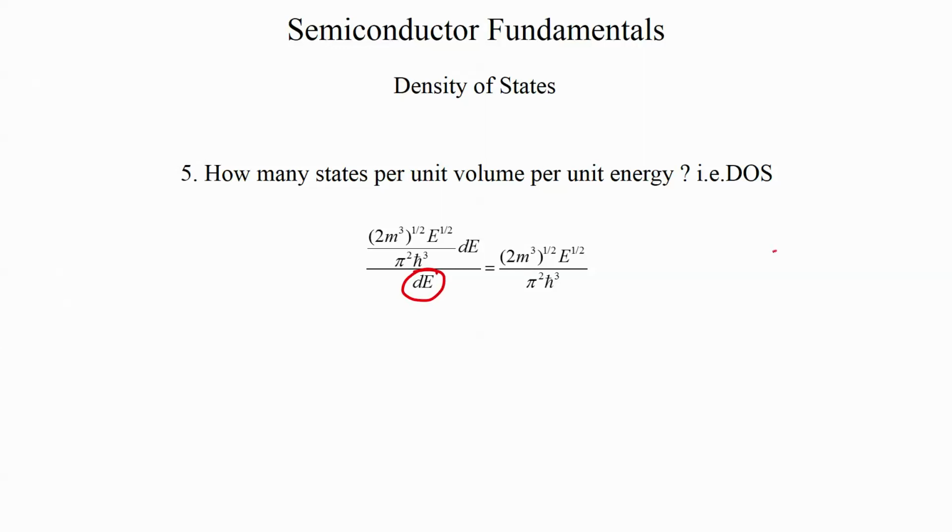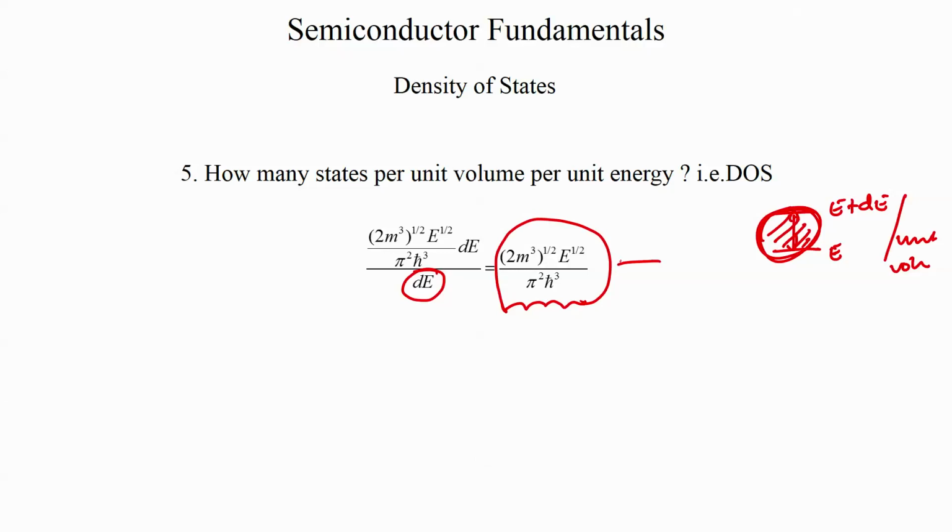So you are looking at all the states between E and E plus dE per unit volume, and you divide it by dE, which is the length of the energy region you are looking at, and you end up with the number of states per unit volume per unit energy to be given as this, which is nothing but the definition of the density of states.